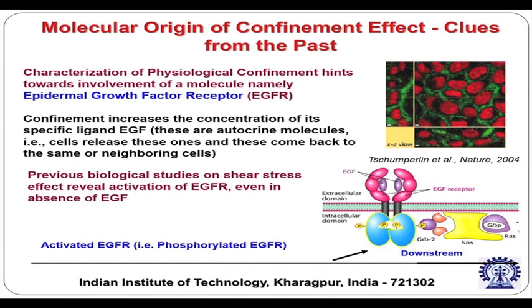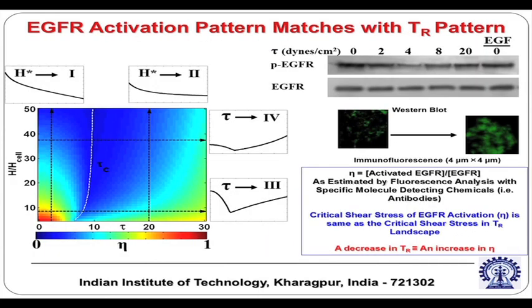Now, the molecular origin of the confinement effect. We have discussed EGF and EGFR, and we will try to understand how the activated EGFR concentration is related to the confinement effect.